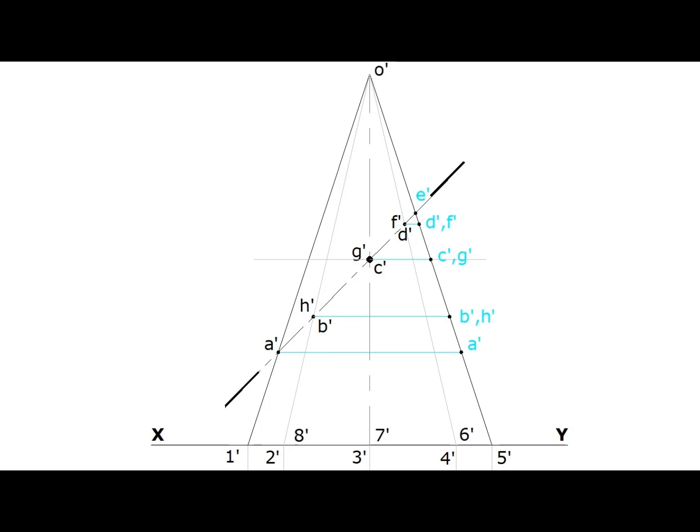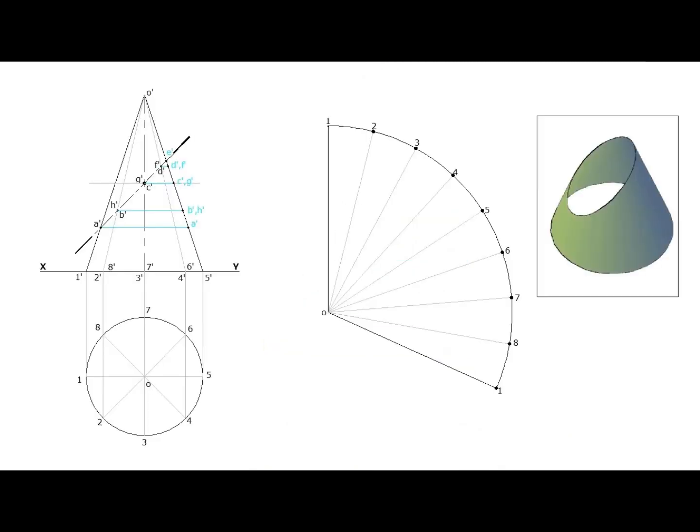Measure each of these distances, and transfer it to the corresponding line of the development part. Measure the distance of A'. Mark it on line 1. On both the ends. Measure the distance of B' and H'. Mark it on line 2 and 8.